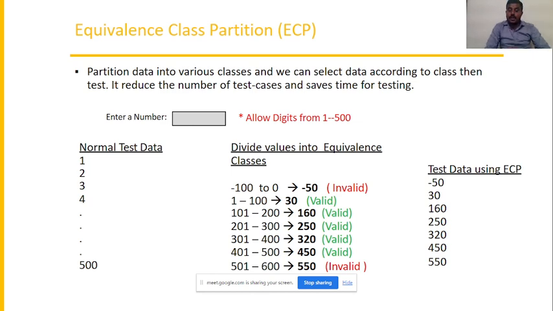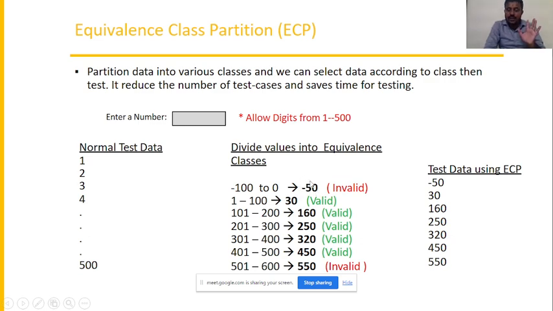Yes, sir. Okay. Now, see, from each and every class, so this is one class or one partition, one value you have to consider. Say, between -100 to 0, one value we have to consider.